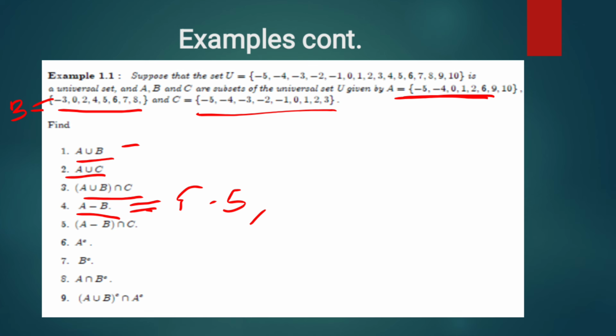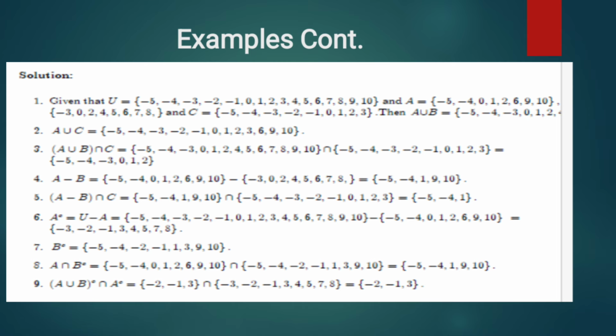Minus 4 is in A. Is minus 4 in B? No, so minus 4 will be one of the elements. You keep checking until you find them all. If you go to the next slide, you see that each of them has been solved for you, including the difference A minus B. You can go through by pausing and checking the solutions one after the other.